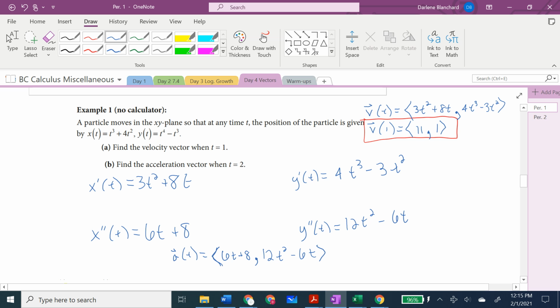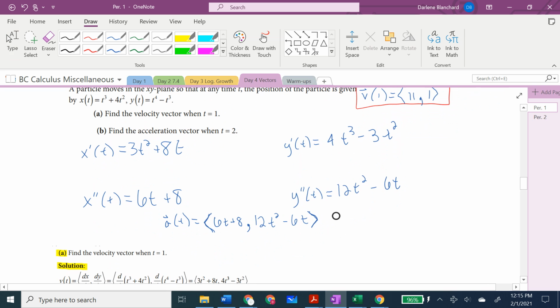Vectors are normally presented as pointy brackets that look like little triangle or angle things. Pointy brackets tell you you're dealing with a vector, and you put a comma in between the two functions involved. And if there are higher dimensions, you just keep comma, next dimension, and you can keep going.